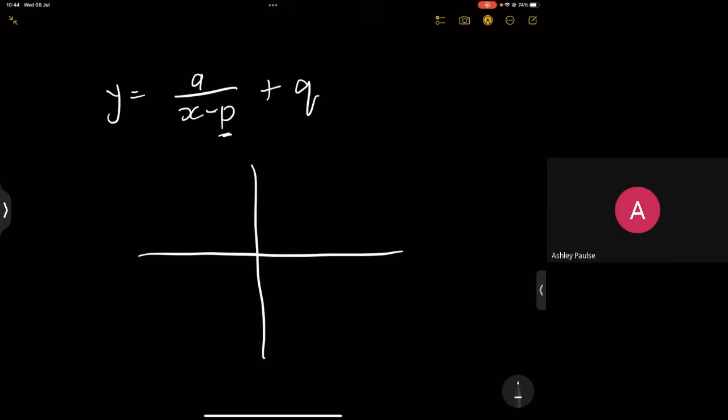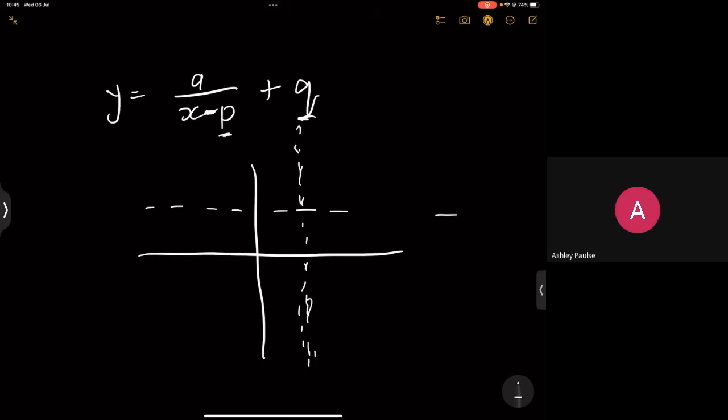Notice it changes sign: once it's minus p here, it means that my asymptote would be at positive p. So my vertical asymptote would be at p, but my horizontal asymptote would be at y is equal to q. The y value does not change sign, so this would be p and q.